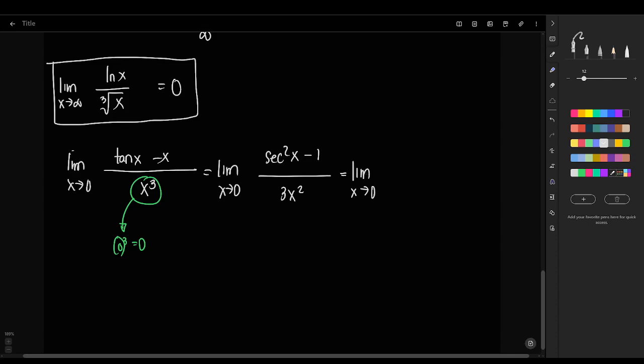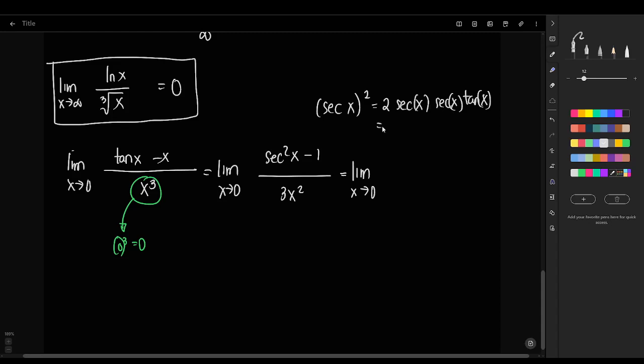Secant squared x is secant x quantity squared, and so the differentiation of this is 2 secant x times the derivative of secant x, which is secant x tangent x, by chain rule.